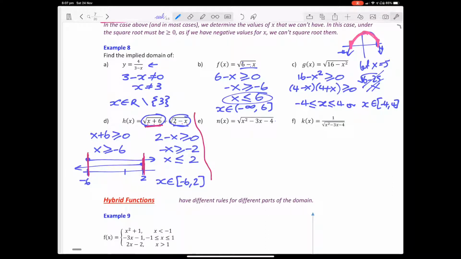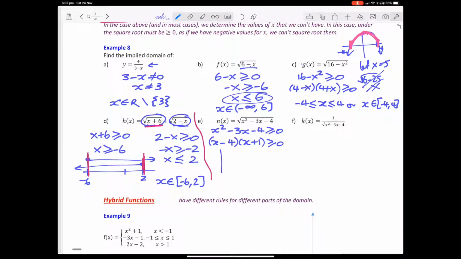Now this is very similar to this question. We've got a square root of a quadratic function. We want to know when that's greater than or equal to 0. X minus 4, x plus 1 is greater than or equal to 0.